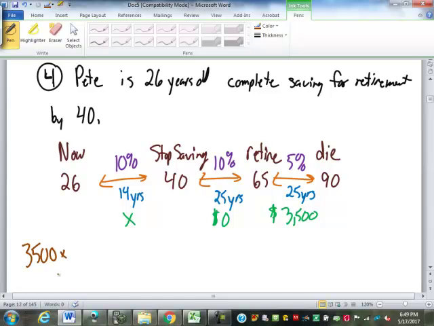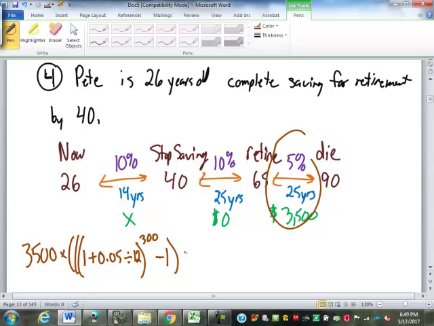So we start out with the $3,500 a month times 1, 2, 3, and what comes next? You got it. 0.05 divided by 12. Power of 300. And then minus 1.